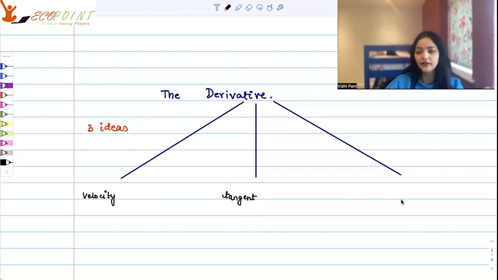And the third idea is the idea of rate of change. I'm not saying that these three things are different. They actually are associated to the same concept. But we will make use of these three ideas while working at this same concept of derivative, rate of change.